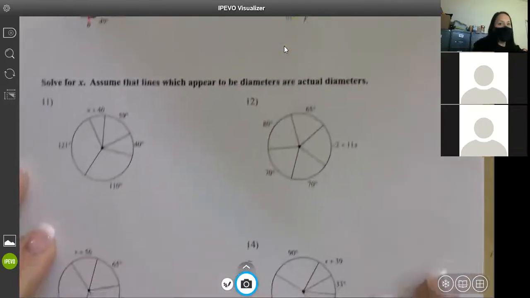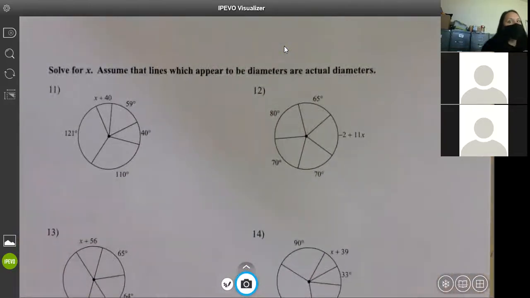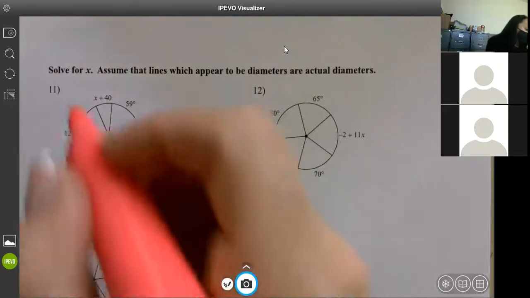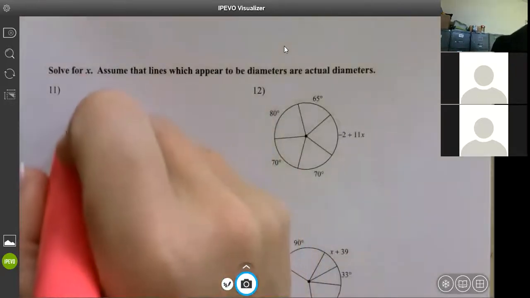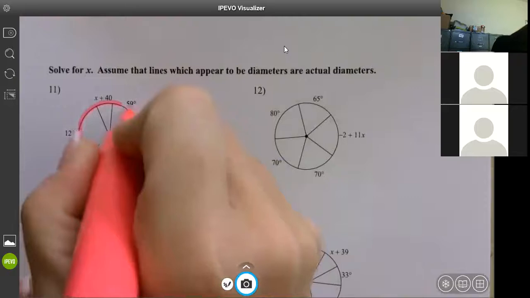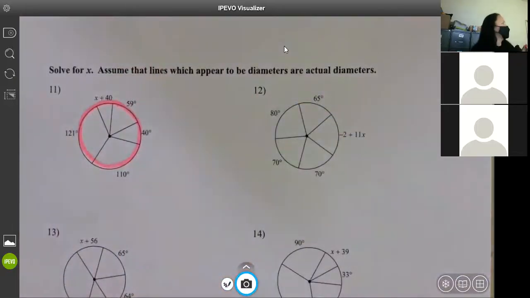All right. Number 11, solve for X. Assume that lines which appear to be diameters are actual diameters. So if you feel like it goes straight through, then it probably does. All right, so we need to find X. Here's the next thing that I want to tell you. You know already that a full circle is how many degrees? 360.